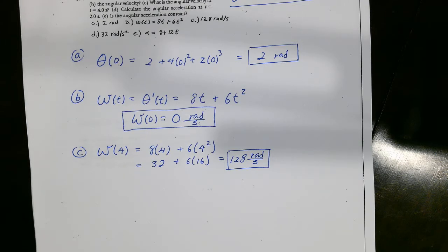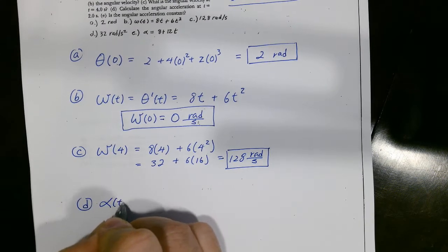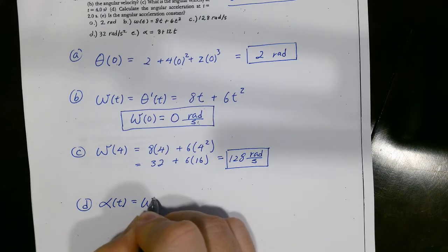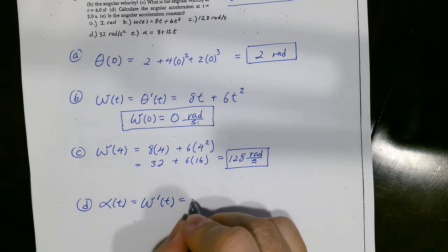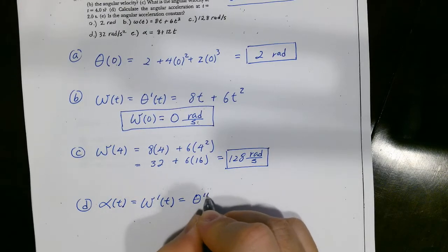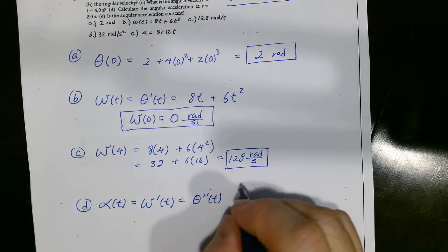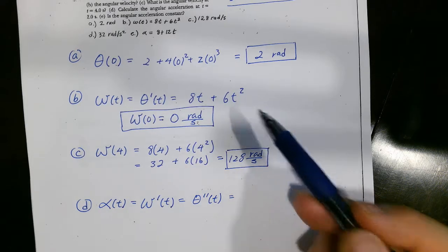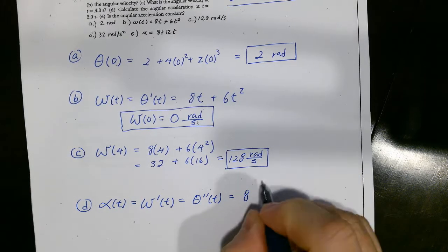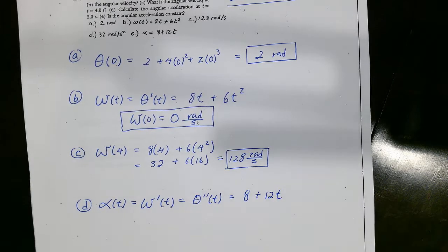And then for part D, calculate the angular acceleration. Alpha of t is equal to the first derivative of omega, or the second derivative of theta, which is the position. That is really nothing more than the derivative of this, which is 8 plus 12t.